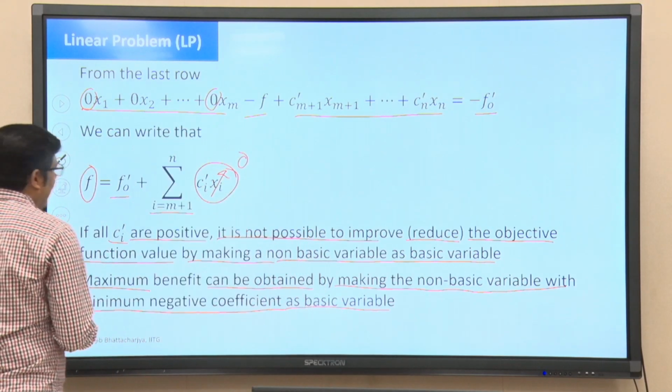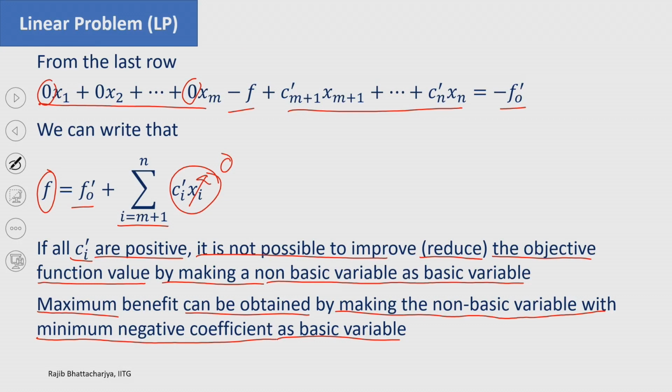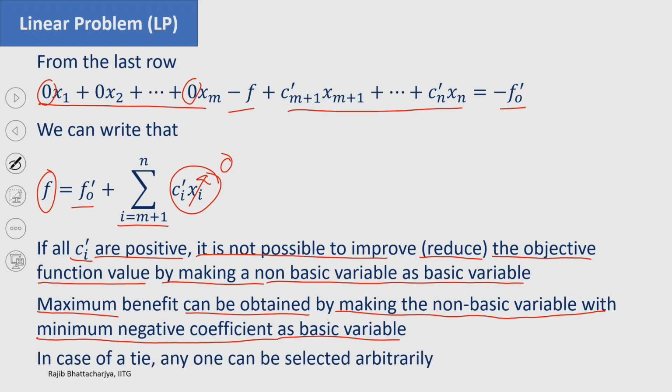In case of a tie, any one can be selected. If the coefficients of two variables are equal, I can take any one of them arbitrarily.